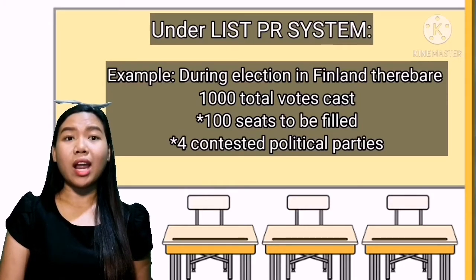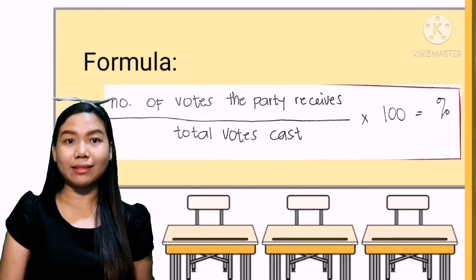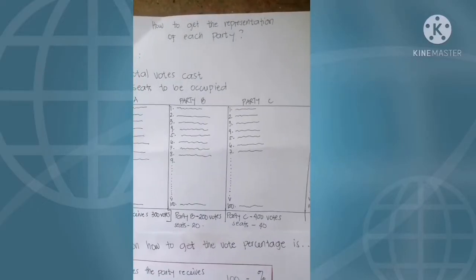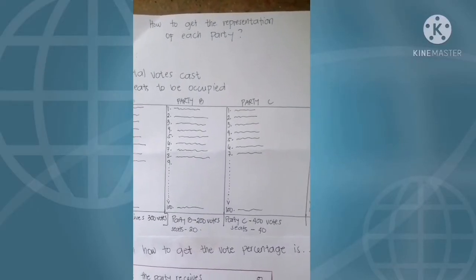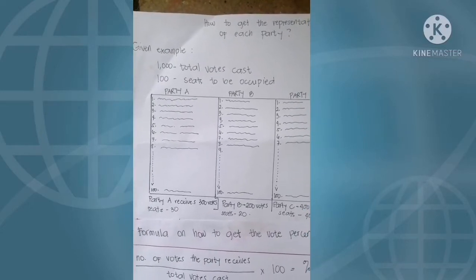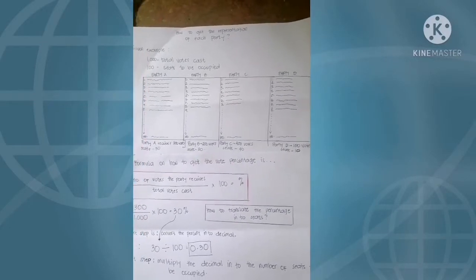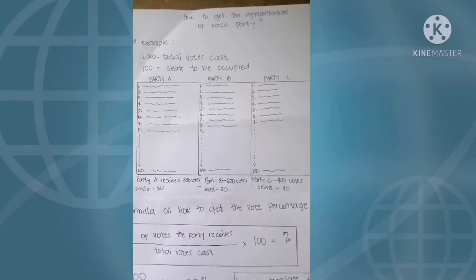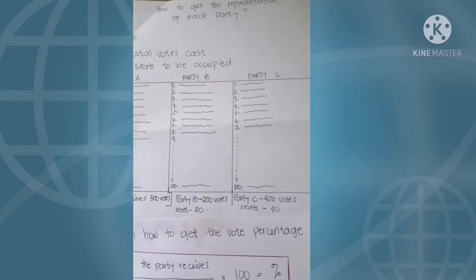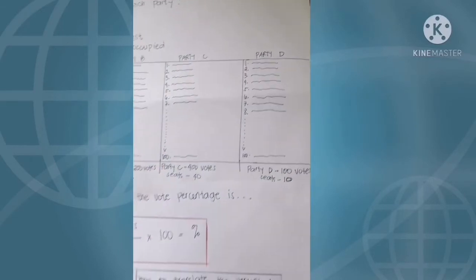So here is the formula for getting the seat representation of each political party based on the vote percentage they accumulate. The given example is 1,000 total votes cast and 100 seats to be occupied, with 4 contested political parties. During the election, Party A receives 300 votes, Party B 200 votes, Party C 400 votes, and Party D 100 votes.